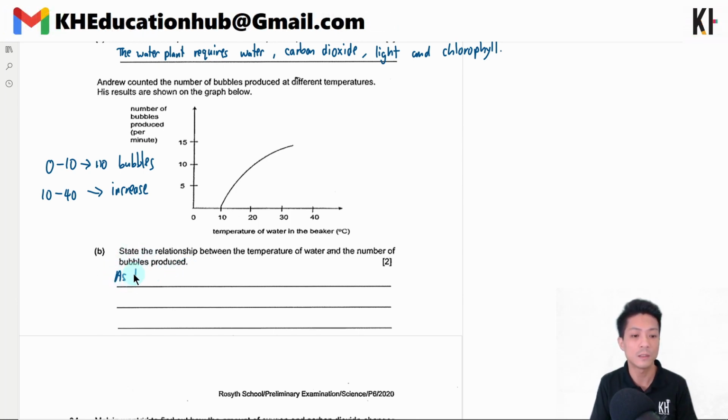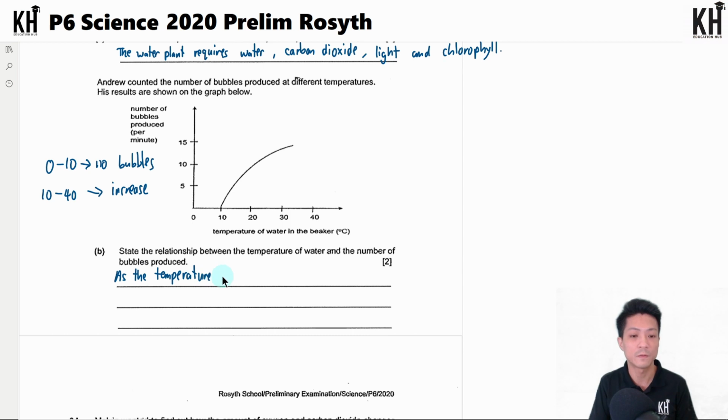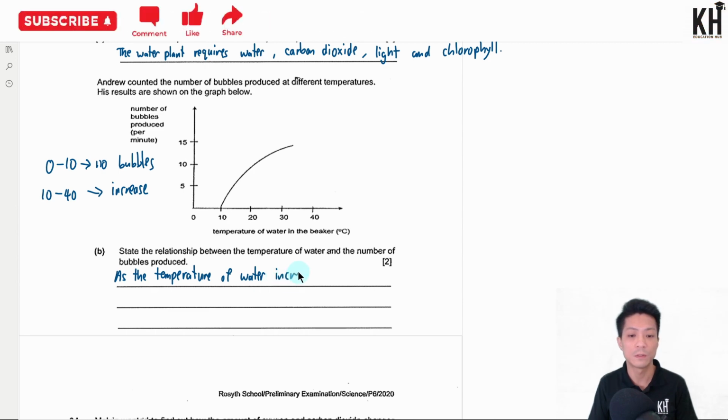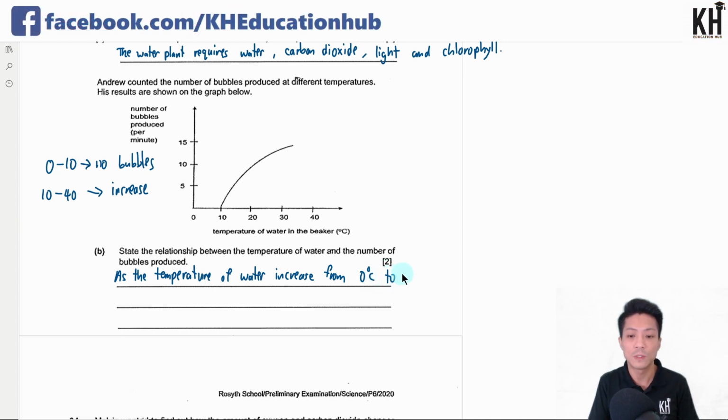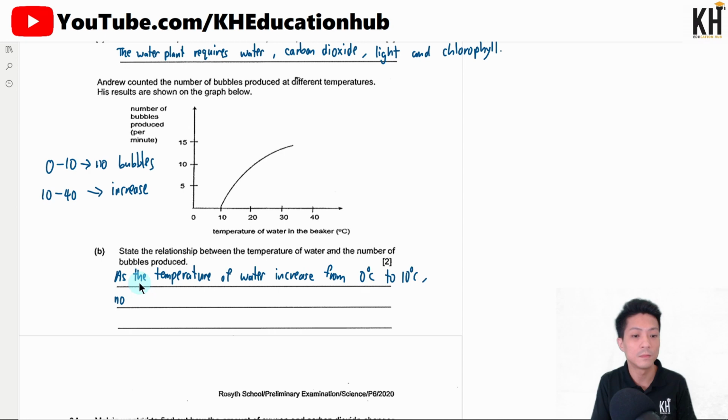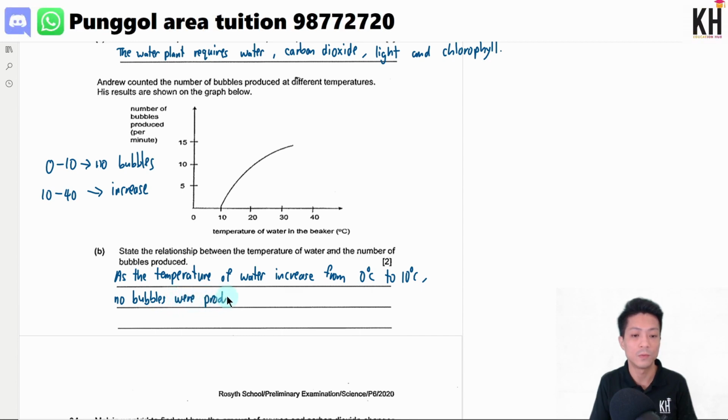So as the temperature of water increases from 0 degrees Celsius to 10 degrees Celsius, no bubbles were produced.